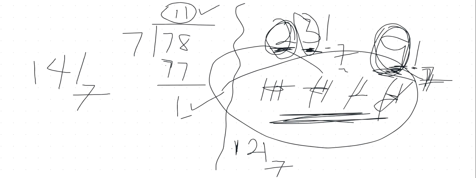You divide till you get the quotient to be less than the what? The base. Do you understand? So in actual sense, 78 base 10 changing to base 7 is 141 base 7.